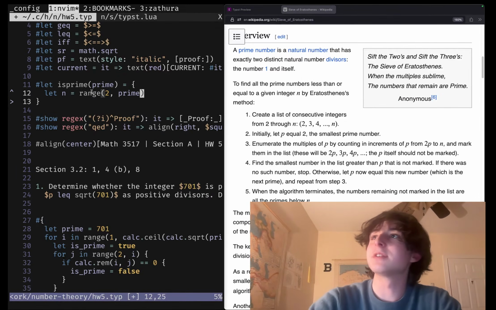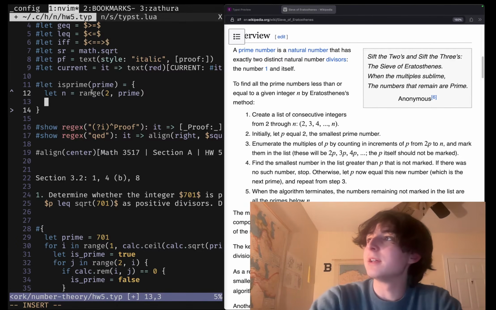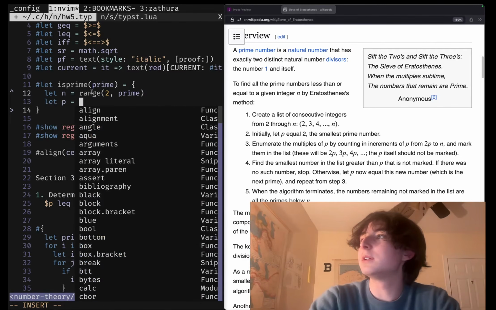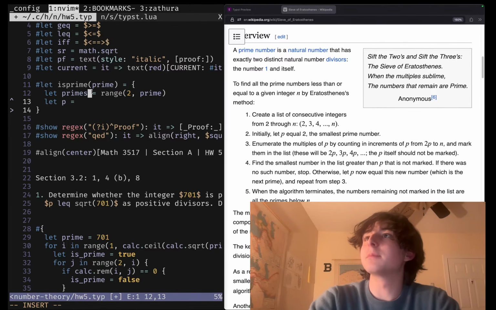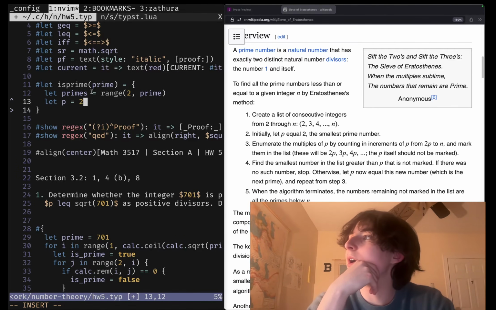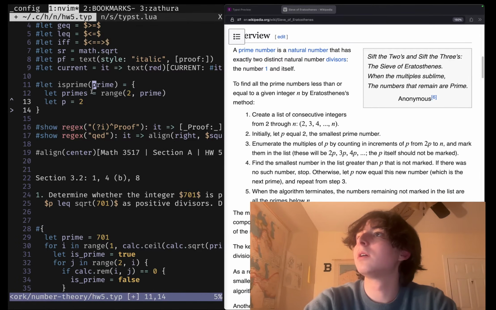All right, sieve of Eratosthenes. Okay, so we got our range. Initially, let p equal 2. This is going to be primes, I think. So we're going to eventually start crossing things out. Enumerate the multiples of p by counting in increments of p from 2p to n. I'm going to call this Eratosthenes.